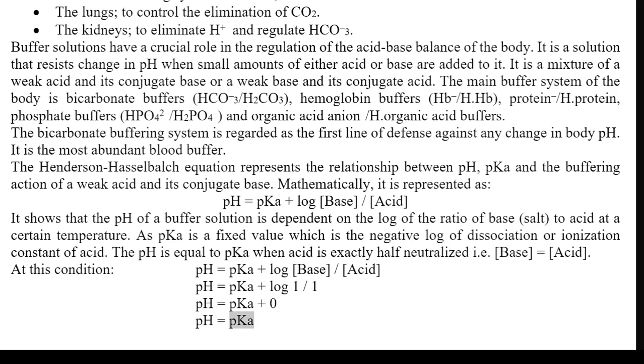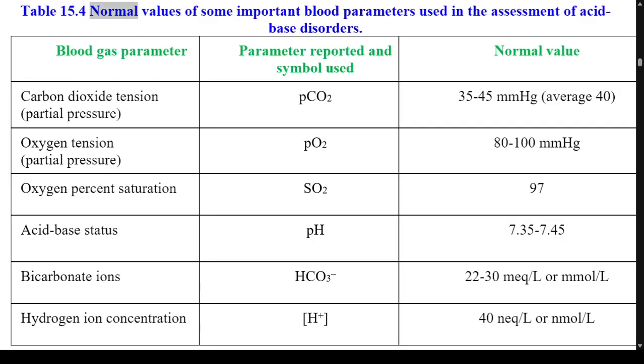pH equals pKa. Table 15.4 Normal values of some important blood parameters used in the assessment of acid-base disorders. Blood gas parameter, symbol used, normal value. Carbon dioxide tension, partial pressure, PCO2, 35 to 45 mmHg, average 40. Oxygen tension, partial pressure, PO2, 80 to 100 mmHg.